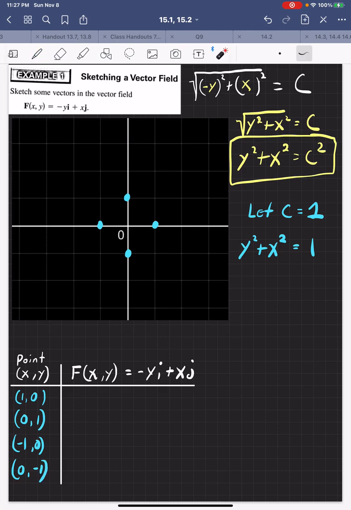All right. Now what we're going to do is take this point and plug it into our vector function, and what comes back out is the vector that we're going to plot.